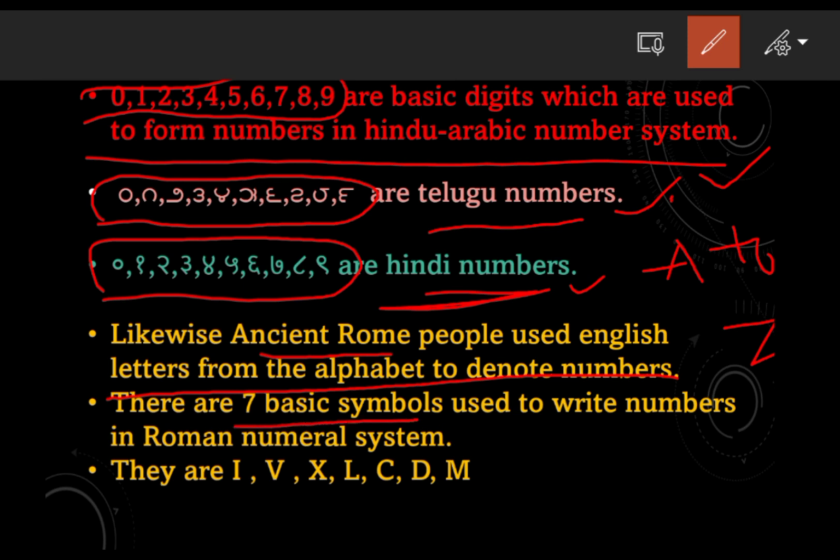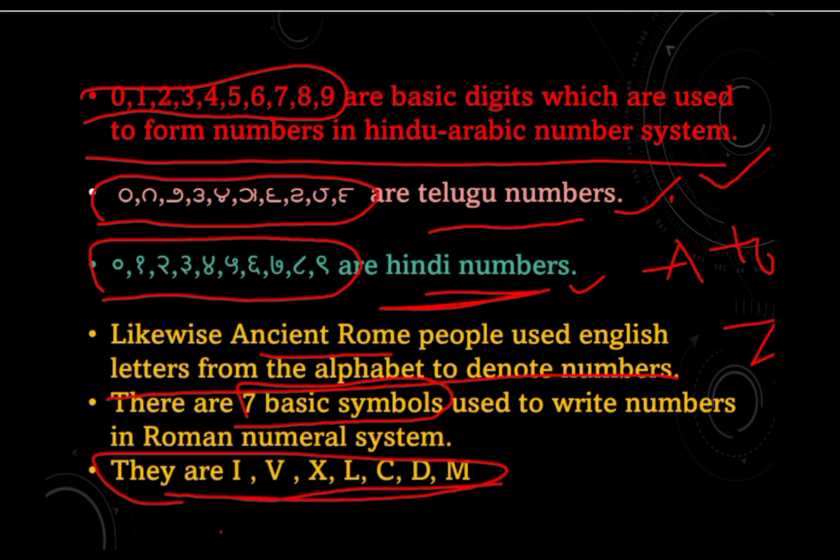It means they have taken 7 letters from the alphabet. They didn't take all the letters. They have only taken 7 letters. What are the 7 letters? I, V, X, L, C, D, M. They have used these letters to form numbers. So let us understand this clearly by seeing the next slide.